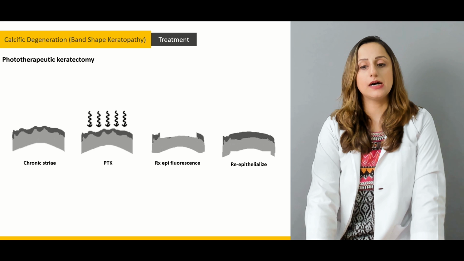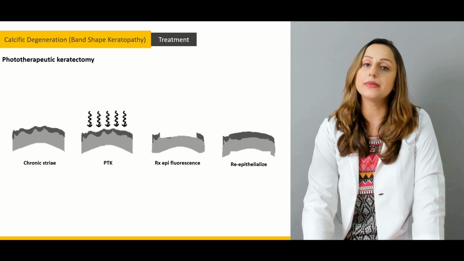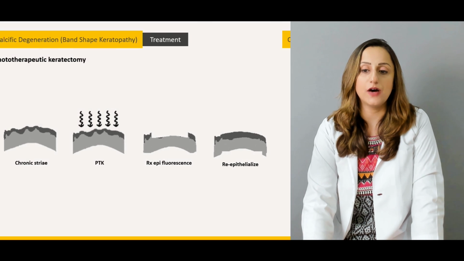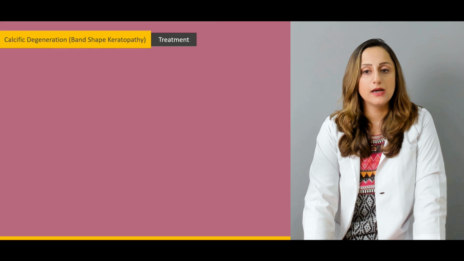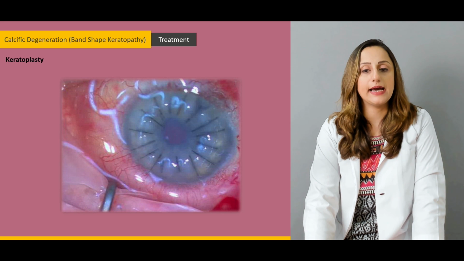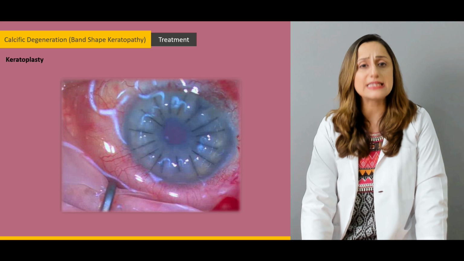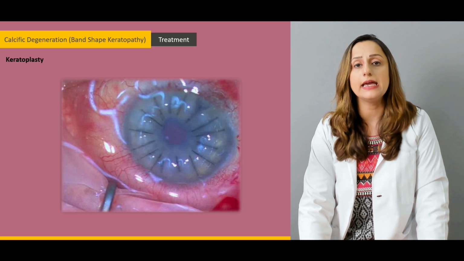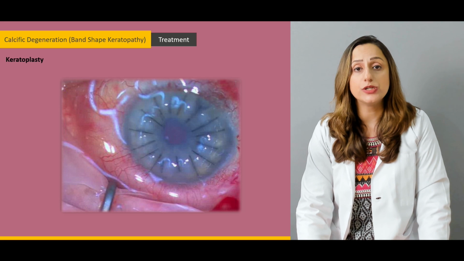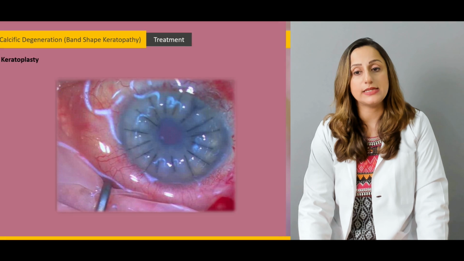Then after you treat the epithelium, reepithelialization will occur after some time. Then we have the keratoplasties, which are a more detailed kind of procedure. If there is extensive calcific deposition, obviously a keratoplasty would be advised for these patients.